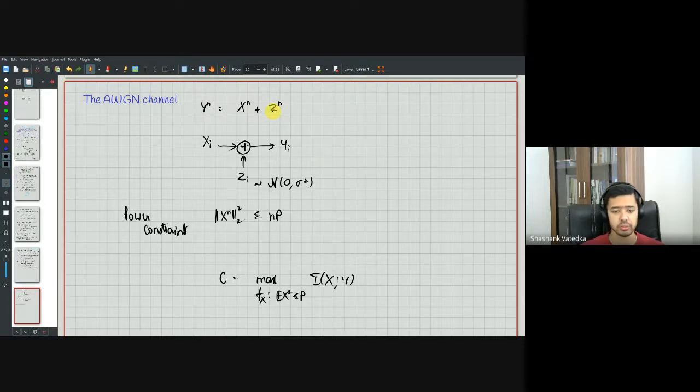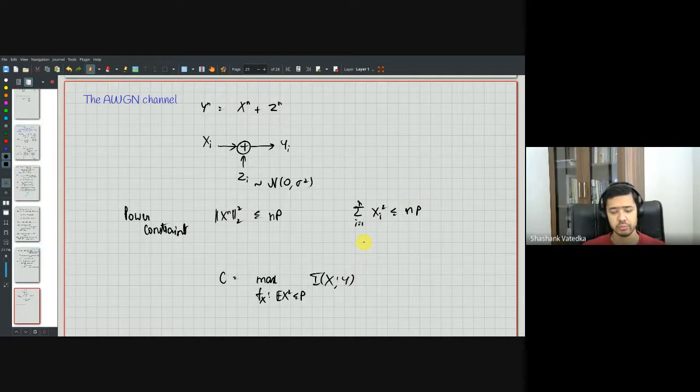In addition, we want the codewords to satisfy a power constraint, and typically it is in this form: the L2 norm of X^n should be less than or equal to square root of nP, or the summation over i equal to 1 through n of x_i squared should be less than or equal to nP. So this is our power constraint.